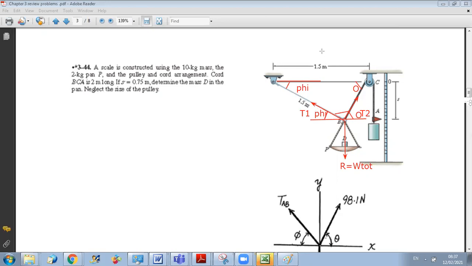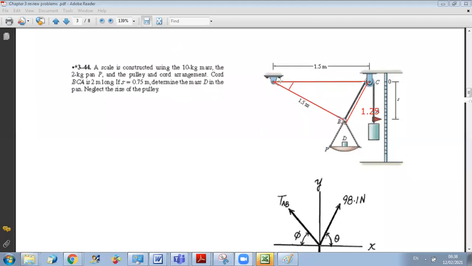Look, let me clear it to see it again. You know that this distance is 1.5 meter, and this distance is also 1.5, and you know that this distance here, we calculated together, is also 1.25. Yes, it's 1.25. So here, to find this angle, I can use the cosine law. So let us write it together.